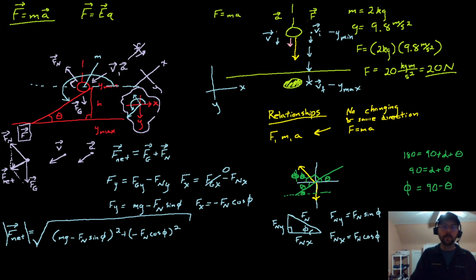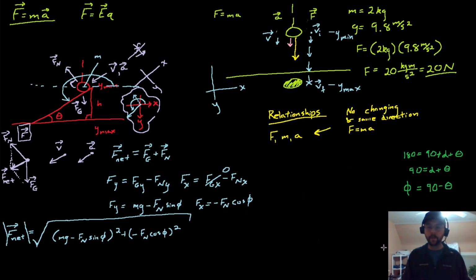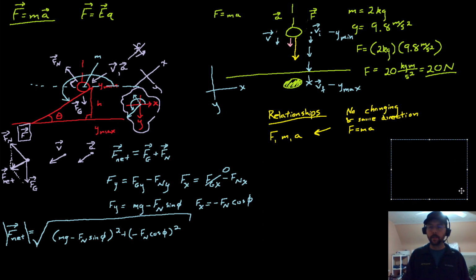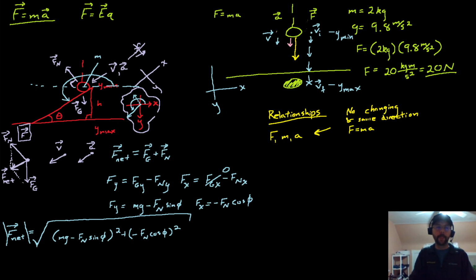Yeah, so let's bring this back to the initial stuff that I brought up. So in some sense, force equals mass times acceleration. And this is a relationship between force, mass, and acceleration.